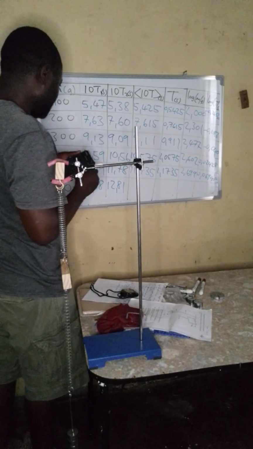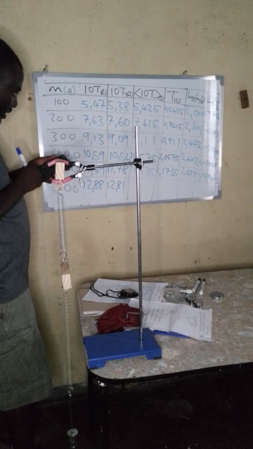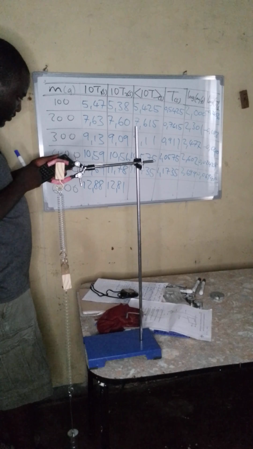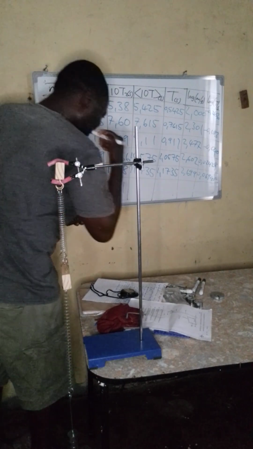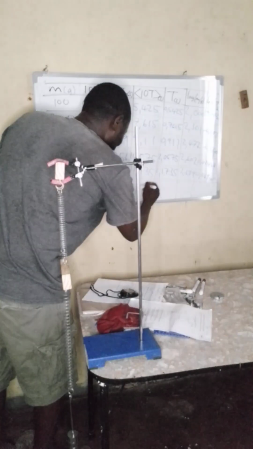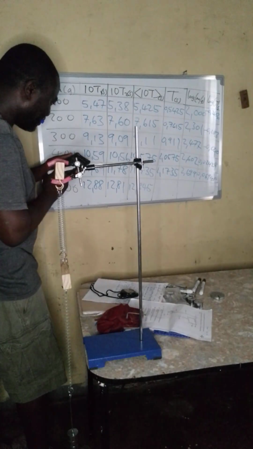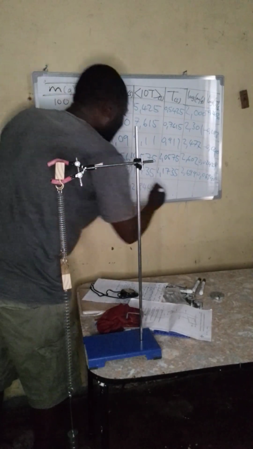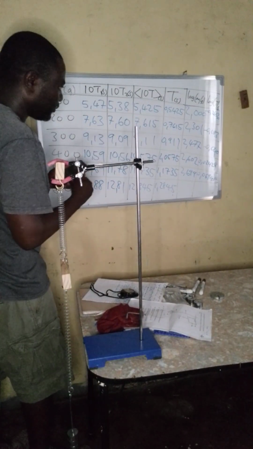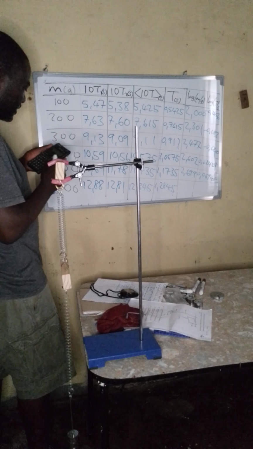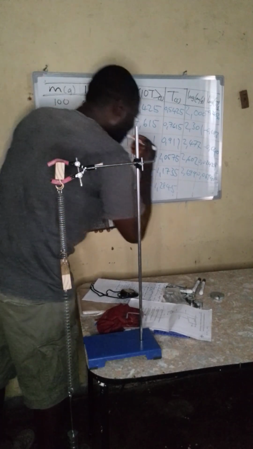Then 12.88 plus 12.81 divided by 2, 12.845. That is the average. Then divided by 10, what we get? 1.2845. Then logarithm of 600, 2.778.